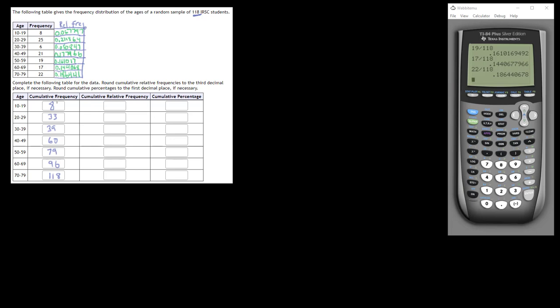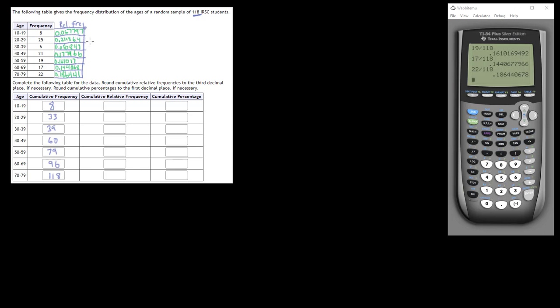So we're going to do the exact same thing we did here, adding up as we work our way down the chart, except we're going to do it with the relative frequencies instead of frequencies. The cumulative relative frequency of the first class is going to be the relative frequency of the first class plus any classes that came before it, but there are none. So it's just going to be 0.067797.